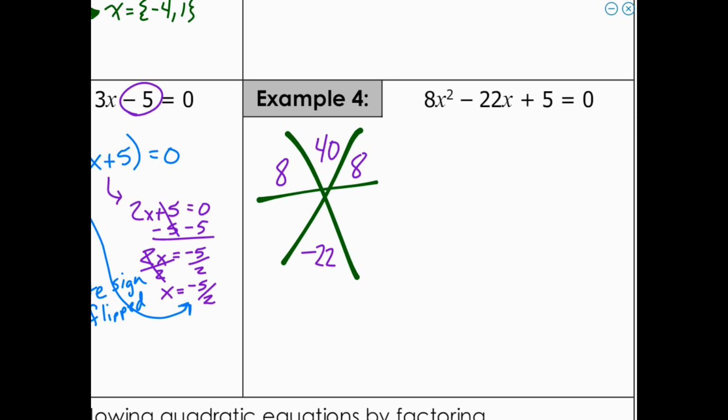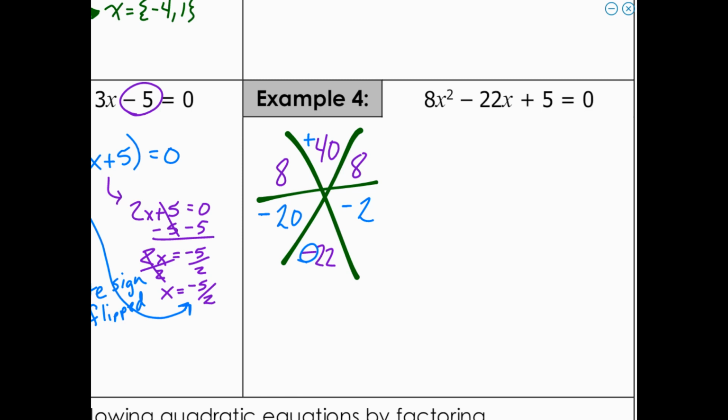And my two numbers. Okay, this is a positive up here, which means both of my numbers have to be the same sign as my bottom one. And since my bottom one's negative, both my numbers have to be negative. So what are going to multiply to give me positive 40 and add to give me negative 22? Negative 20 and negative 2? Yes.